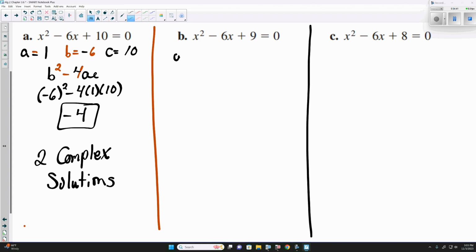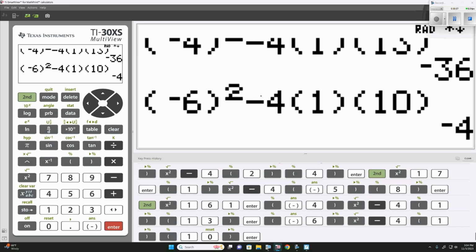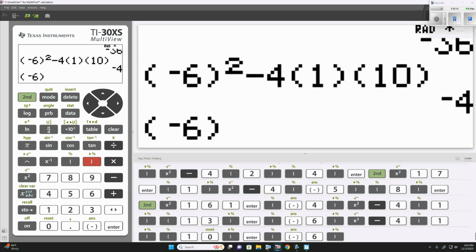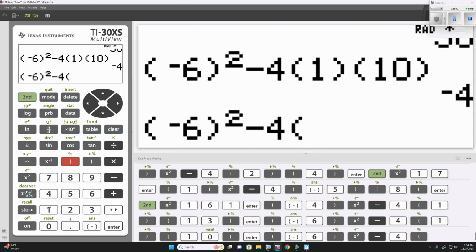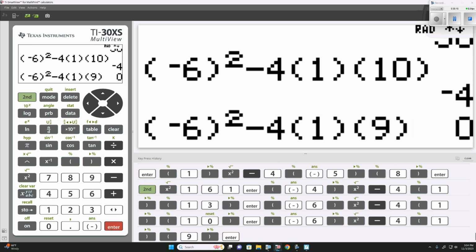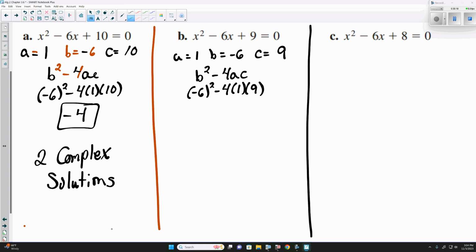Let's look at the next one. A is still 1, B is still negative 6, but C is 9. Well, if it's not equal to 0, we would need to make it equal to 0. Negative 6 squared minus 4 times a times c: 6 squared minus 4 times 1 times 9 is 0.